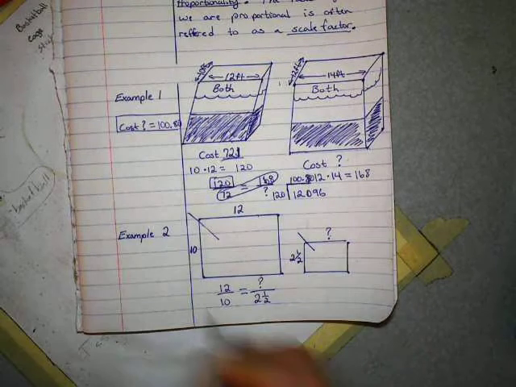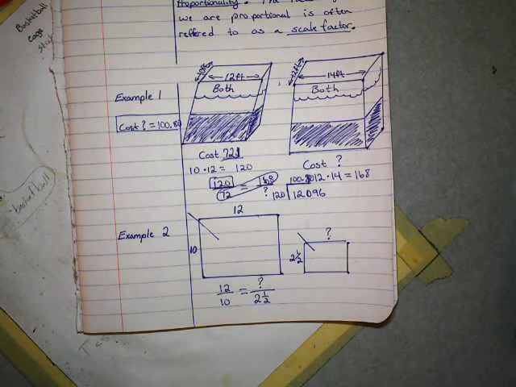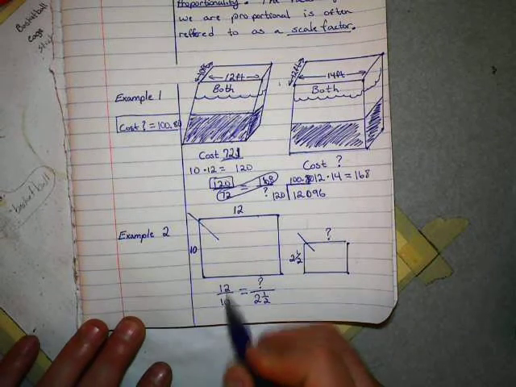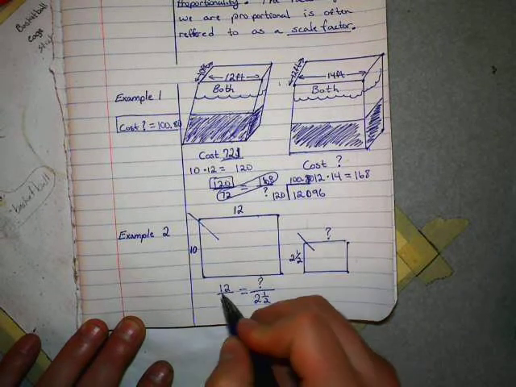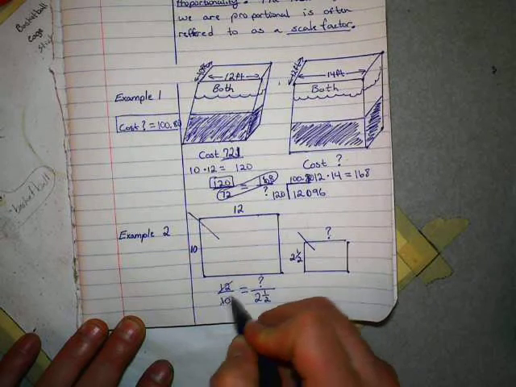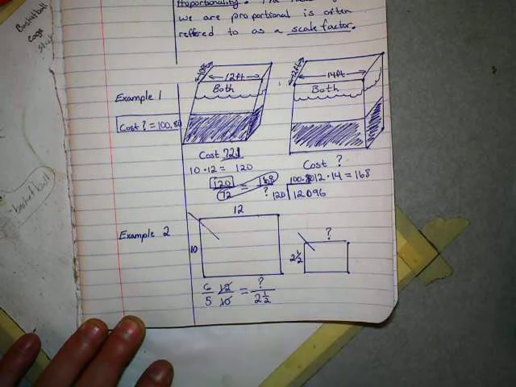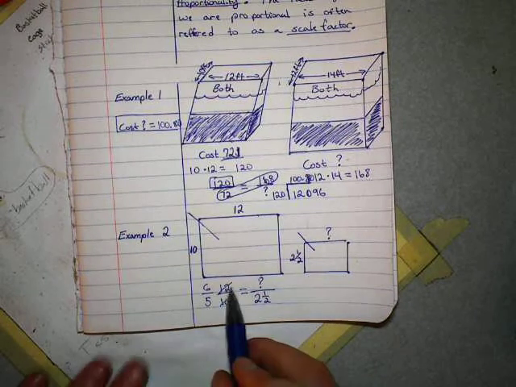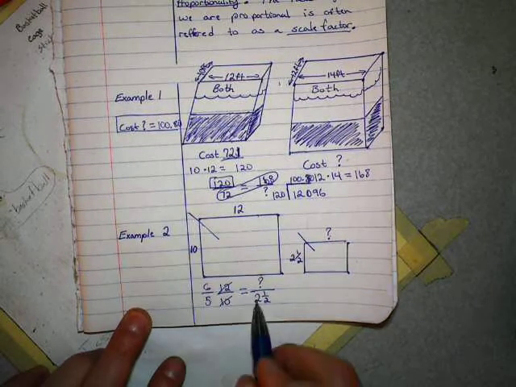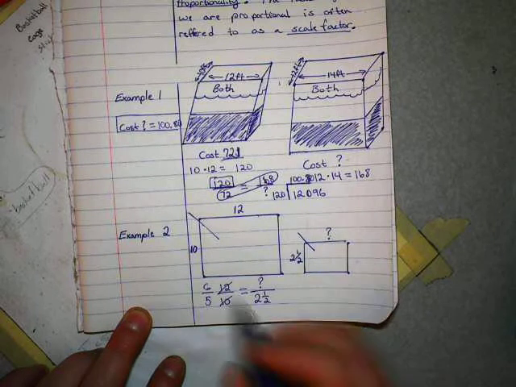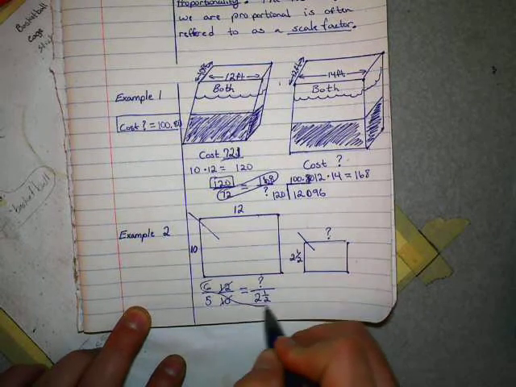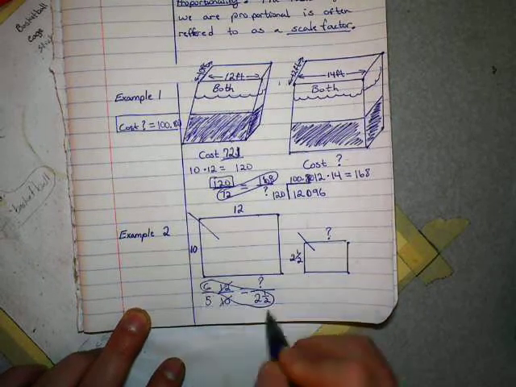I can just cross multiply and divide. If I want to make my life a little easier, I can reduce this fraction by 2 and wind up with 6 over 5. And 6 times 2.5 is easier than 12 times 2.5. 6 times 2 is 12, and 6 times half is 3.